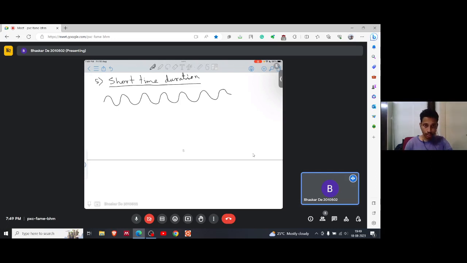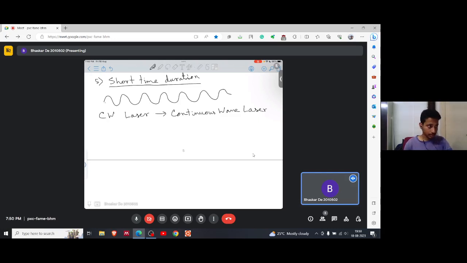So there are two types of laser. One is the CW laser, which is known as continuous wave laser, and this laser emits the laser beam like this, a plain electromagnetic wave.